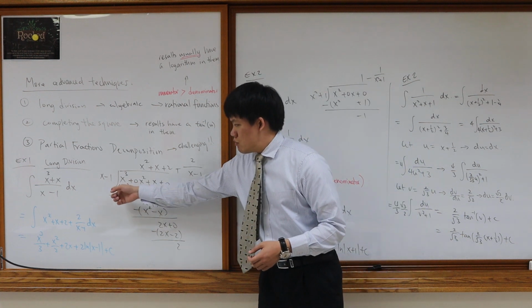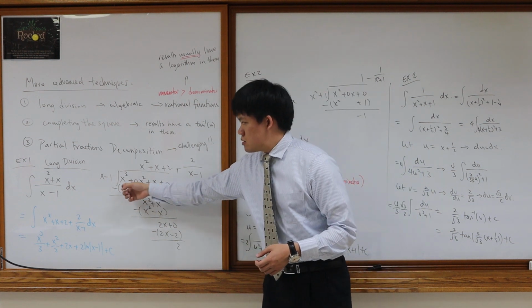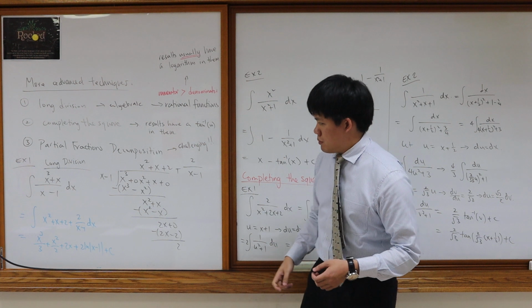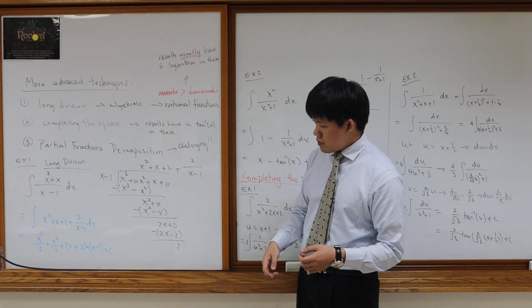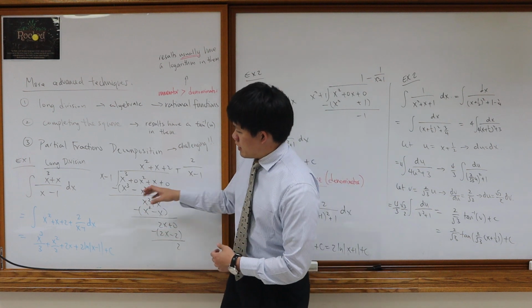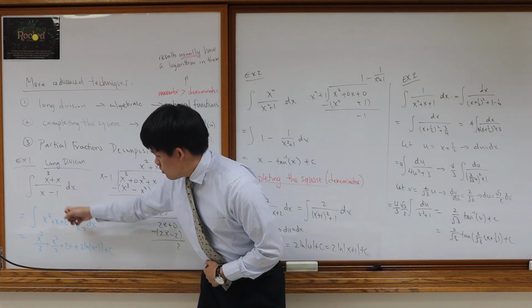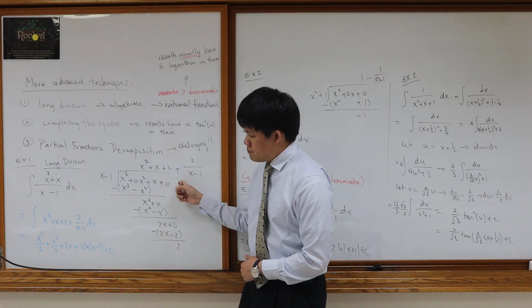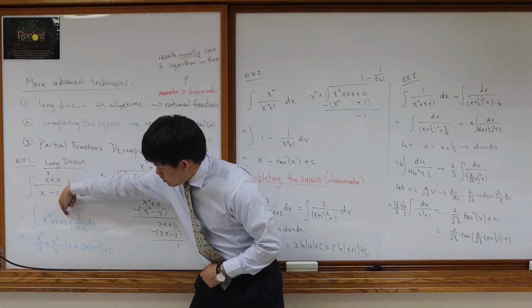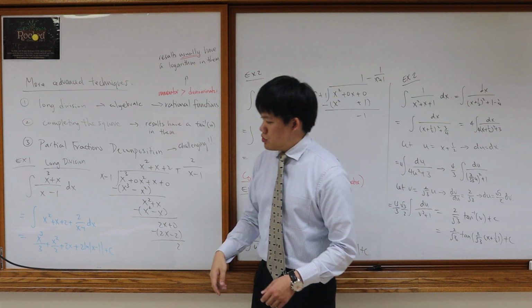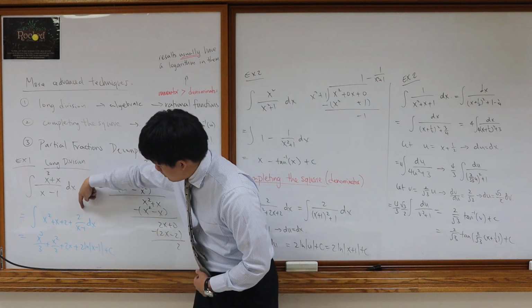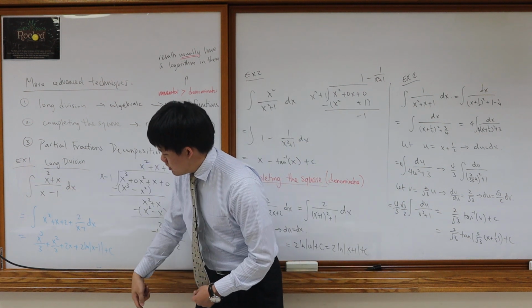So when you do algebraic long division of this divided by that, you end up with x squared plus x plus 2 over x minus 1. From here, we can just replace this with what we just found over here. As you can see, the first three terms here are just monomials. You can use the power rule to integrate them. And the last one here is 2 over x minus 1.